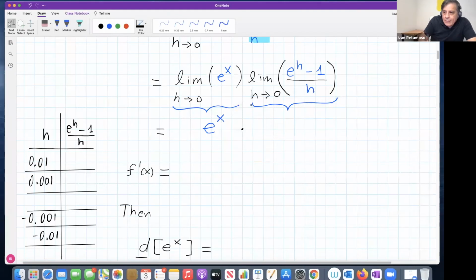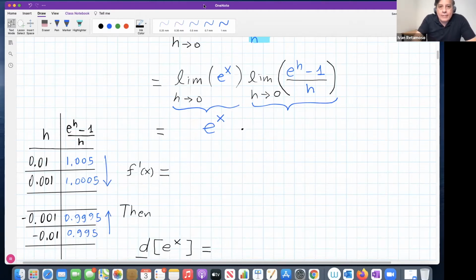And then I invite you to tell me where these output values are approaching from the left and from the right. If you are good at figuring things out, give it a shot. Try to tell me where these are going from the right, where these are going from the left.